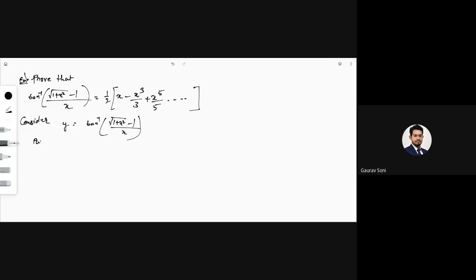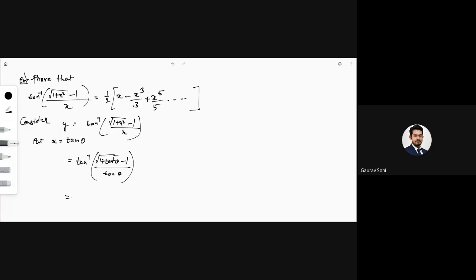So put x is equal to tan theta. So what we have is tan inverse of (under root 1 plus tan square theta minus 1) upon tan theta.